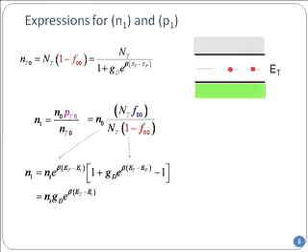Do you know E sub I, the intrinsic level? You know that, because remember we said in equilibrium N is equal to P, and from that we calculated the value for EF, and EF is EI for the intrinsic material. It's close to the mid gap. I have EI. This whole thing I know, and therefore, I know N1.